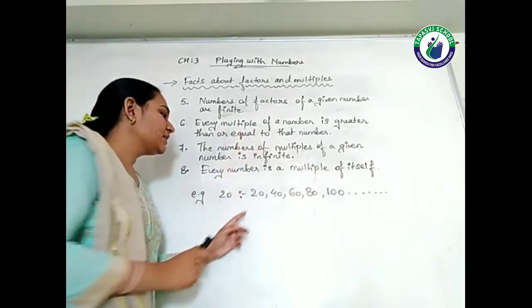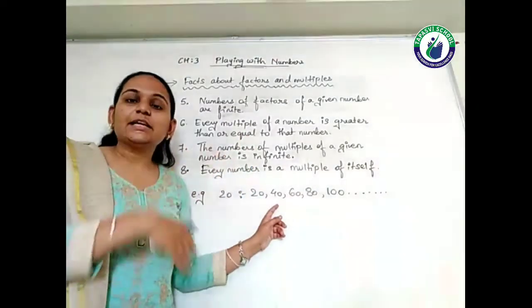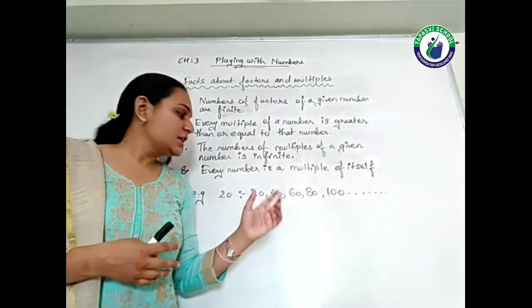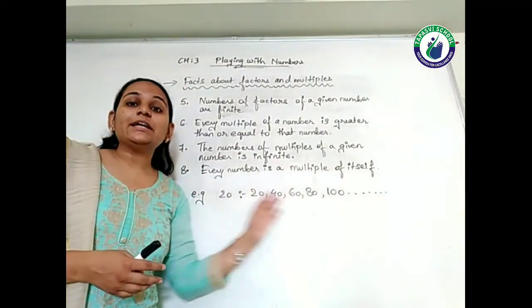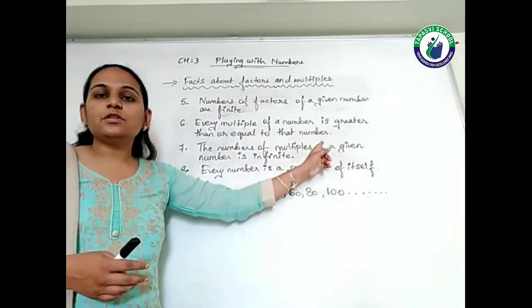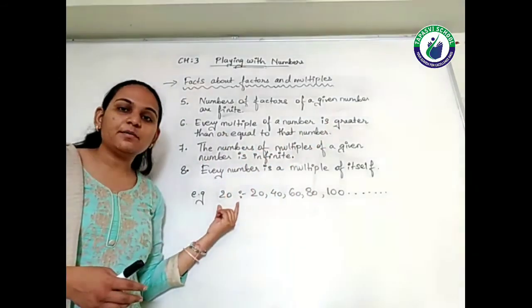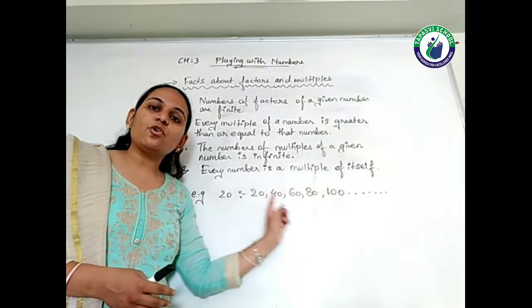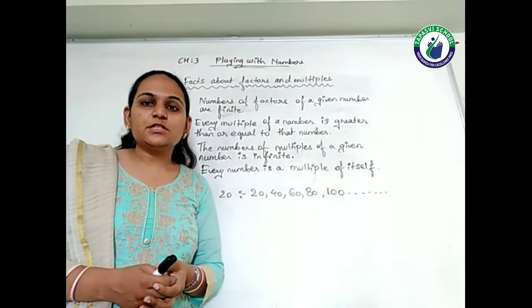Then comes 40, then 60, then 80. What is happening, students? These numbers are going greater than 20. If this is my number, the multiples of 20 will be either equal to or greater than 20.